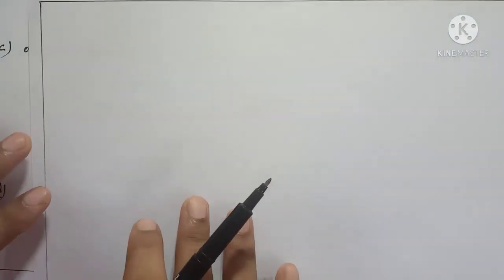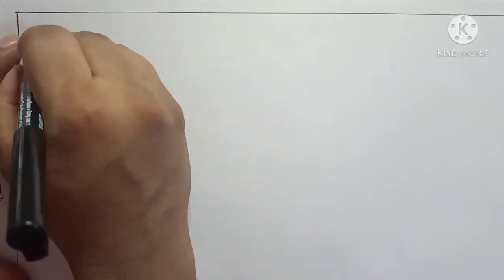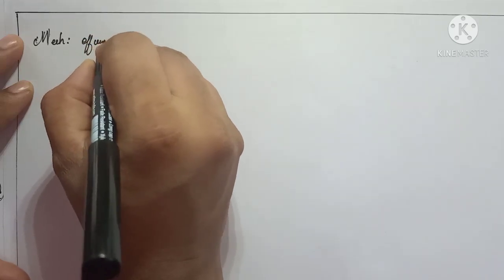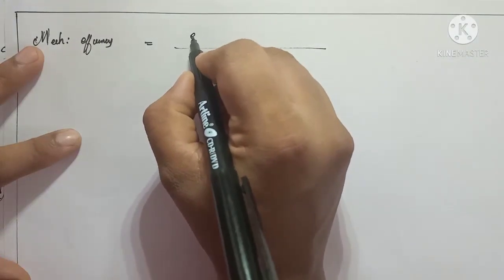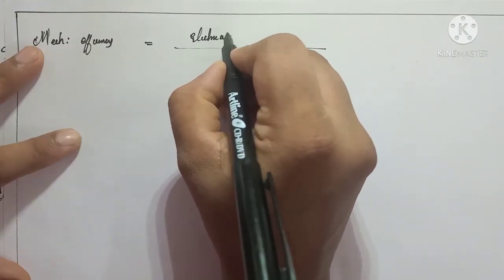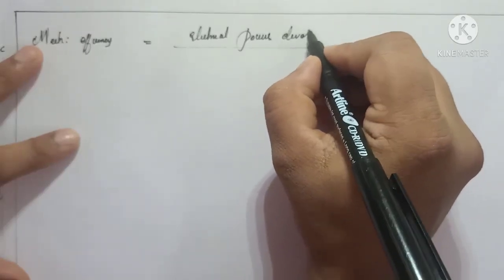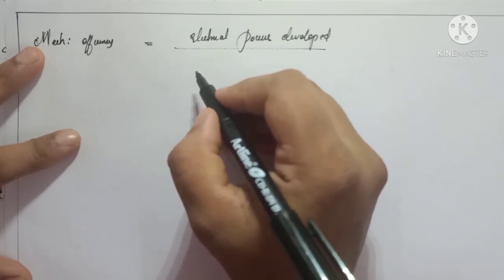So mechanical efficiency is equal to the ratio of electrical power developed divided by mechanical input that is given to the generator, or output of the prime mover.